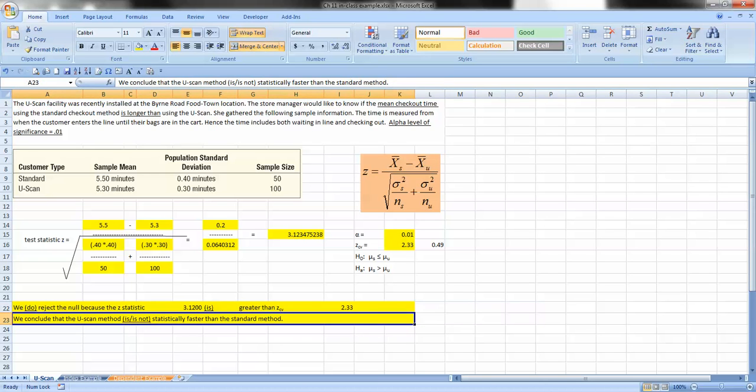We conclude that the UScan method is statistically faster than the standard method.